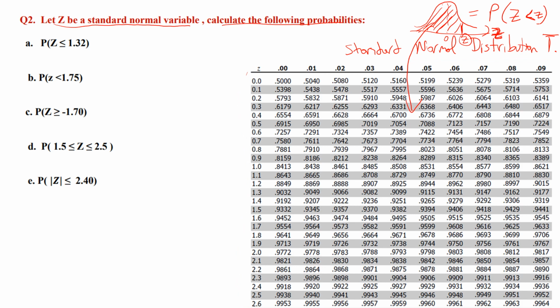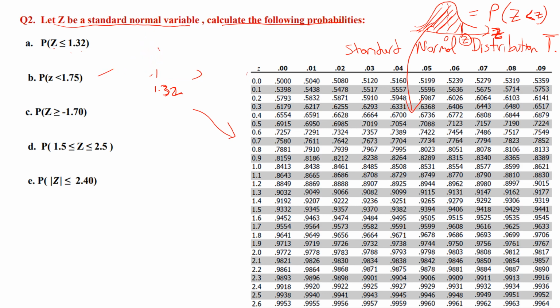Anyway, let's find this one. Z is less than or equal to 1.32. So it's asking for the numbers less than 1.32, which means this part of the graph. How can we find it from here?